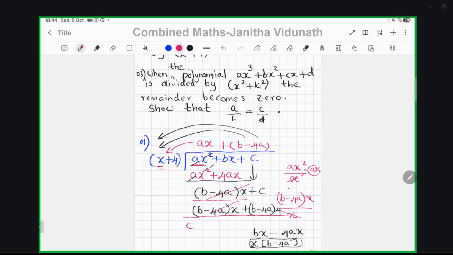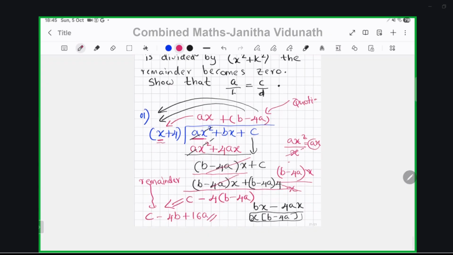Finally, c − 4(b − 4a) is remaining. We can expand this as c − 4b + 16a. This is the final remainder. This is the quotient, the final quotient. Okay, write down this also.